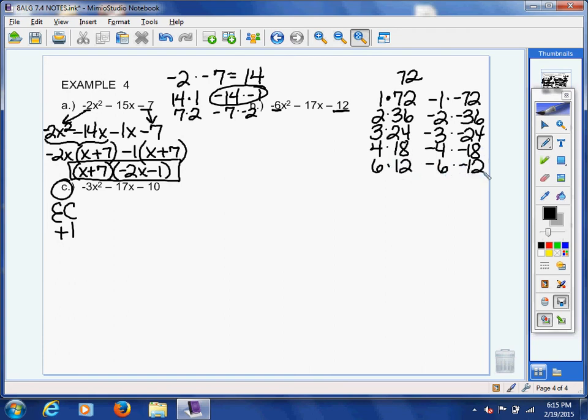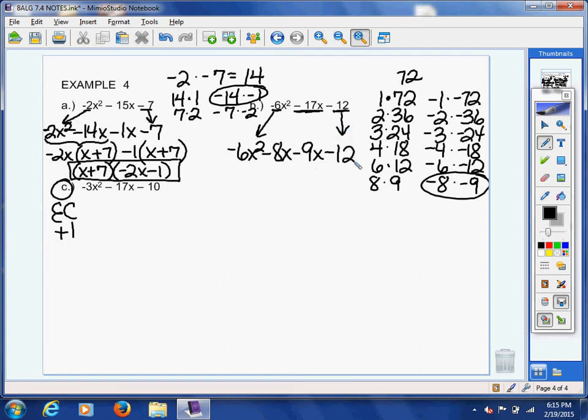And I think we're getting close. 7, how about 8? 8 times 9 is 72. There we go. I think we just found our two that add up to be -17, then -8, and then -9. So we're going to drop down that -6x squared. We're going to rename -17x as -8x and -9x, and then we're going to drop down our -12.